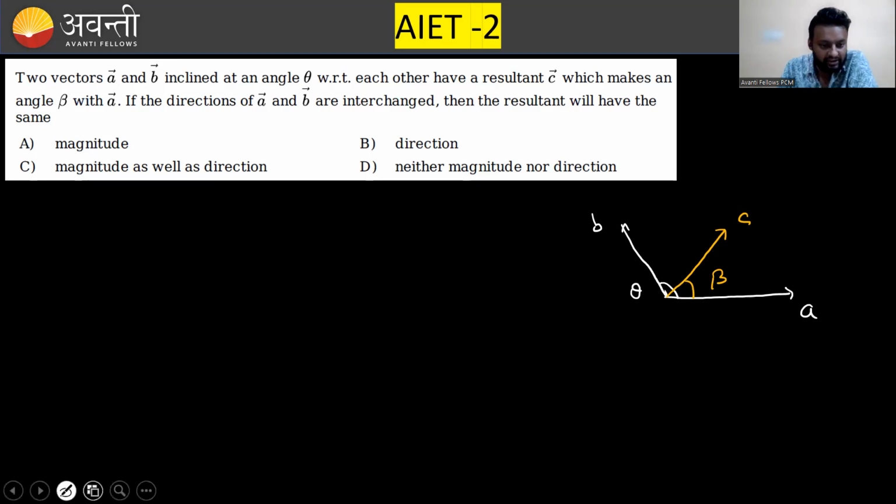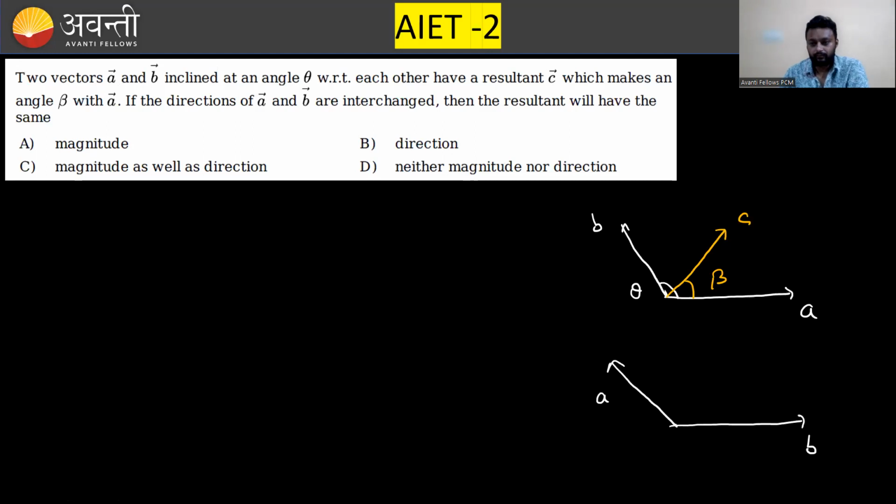Now, reading the next statement, if the directions of A and B are interchanged, then the resultant will have the same, which quantity will remain same: magnitude, direction, neither, either, both. So first of all, let's draw it again. Now this vector will become B and this vector will become A, because according to the question, the vectors are interchanged.